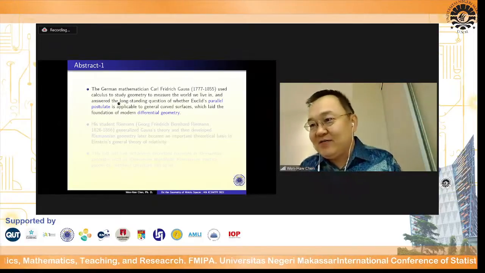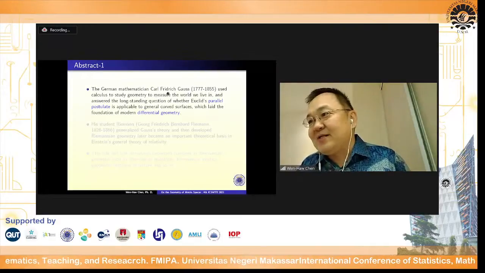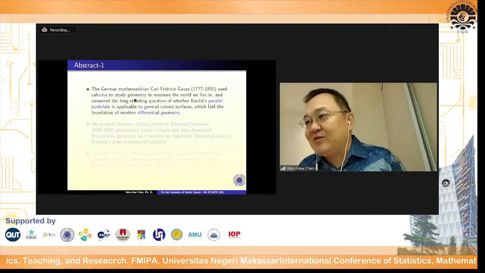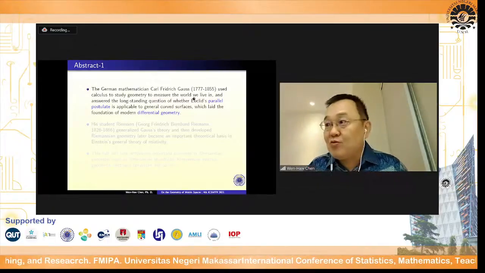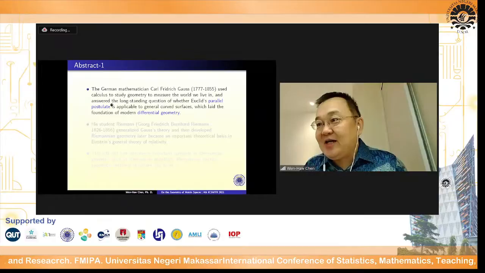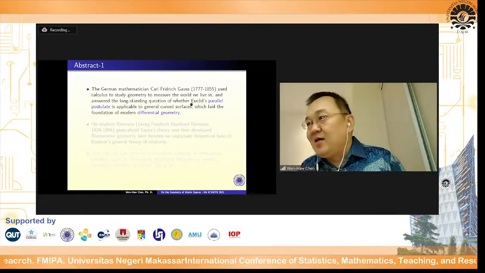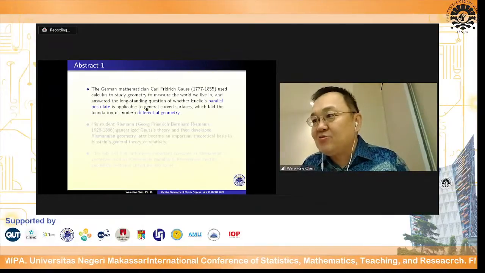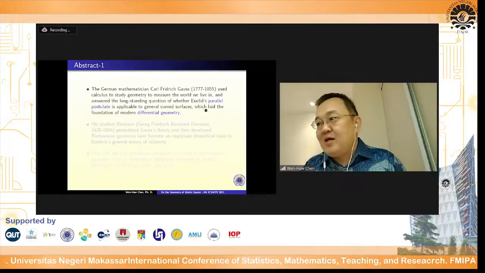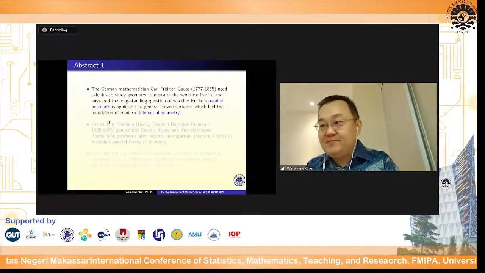First, we know the mathematician Gauss used calculus to study geometry, to measure the world we live in, and to answer the long-standing question about whether the Euclidean parallel postulate is applicable to general curved space, which laid a foundation of modern differential geometry.